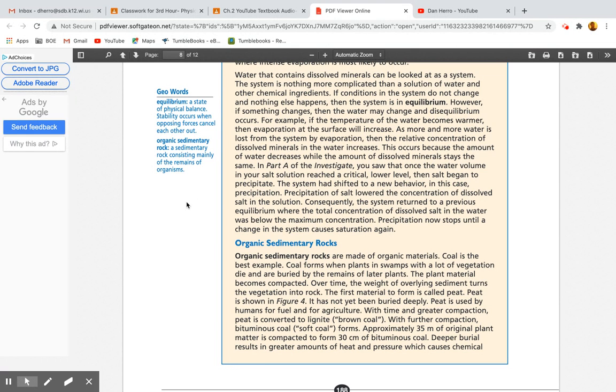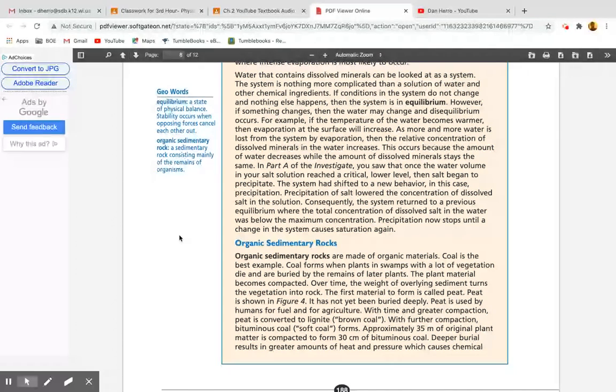For example, if the temperature of the water becomes warmer, then evaporation at the surface will increase. As more and more water is lost from the system by evaporation, then the relative concentration of dissolved minerals in the water increases. This occurs because the amount of water decreases while the amount of dissolved minerals stays the same.